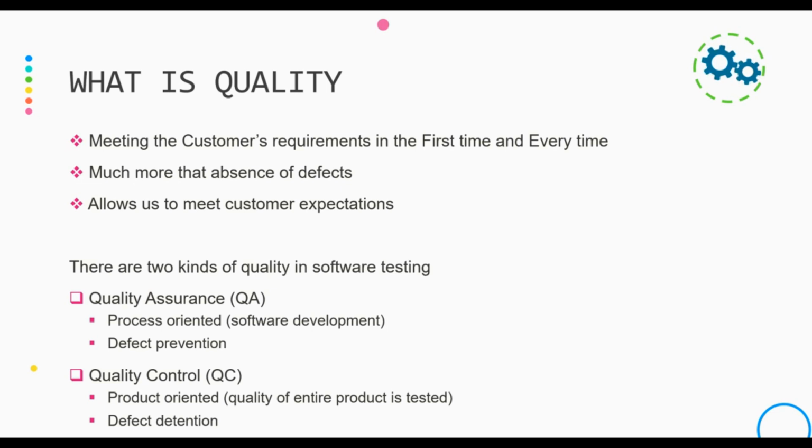In quality assurance, the fault should not happen or should not be there in the software. For that prevention, this quality assurance will be done. So quality assurance is completely a documentation concept, and quality control is fully a testing concept. The actual testing will be done in quality control only, and the documentation things will be covered in quality assurance.